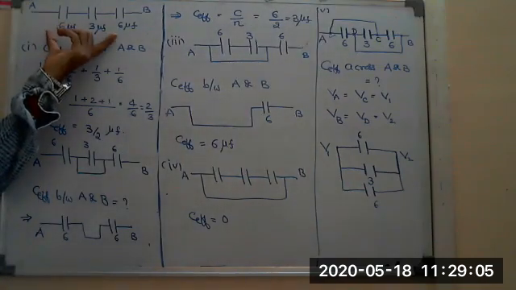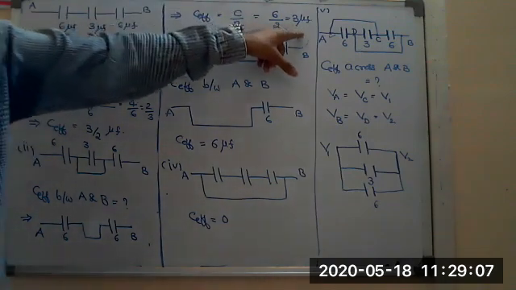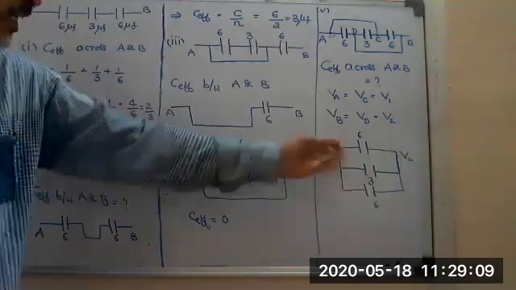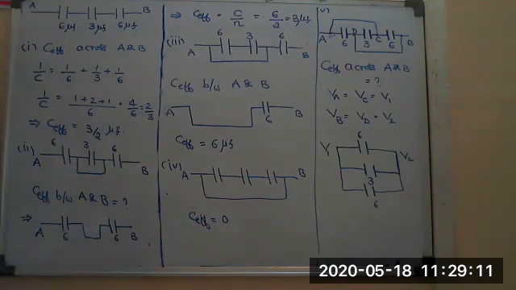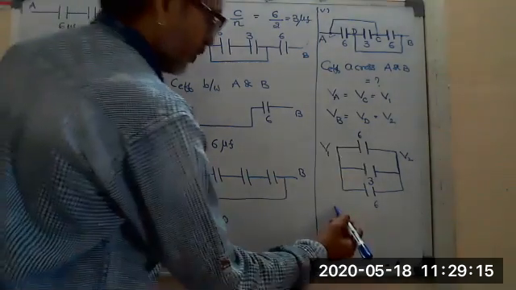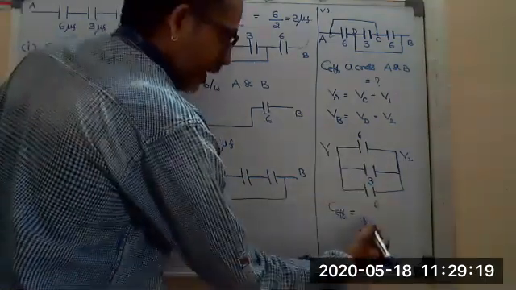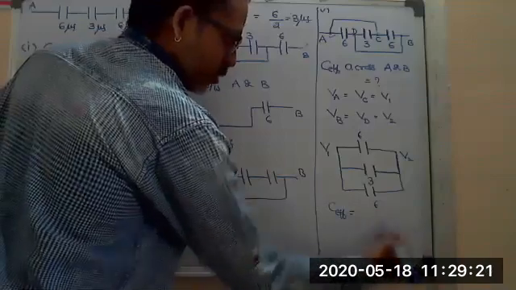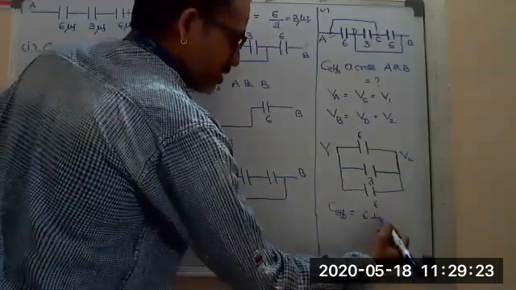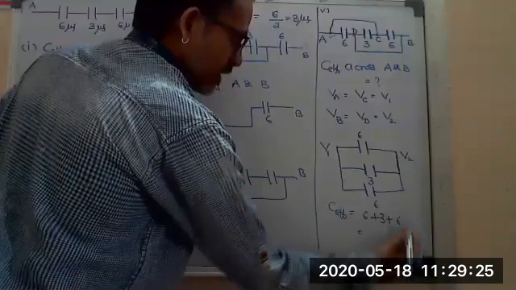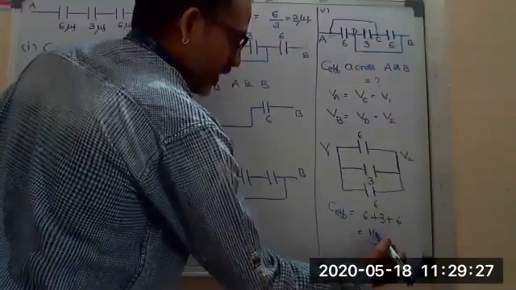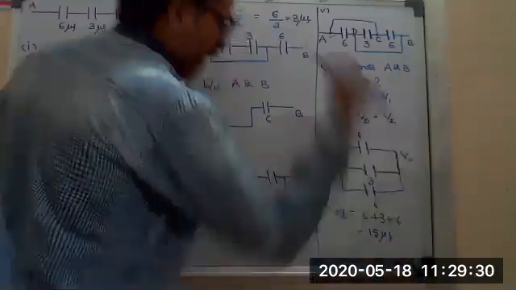It appeared like a series, but after short circuiting like this, all the 3 are actually in parallel. So effective capacity C effective is in parallel, not 1 by C1 plus 1 by C2 plus 1 by C3. That is 6 plus 3 plus 6, which is equal to how much, Nana? 12 plus 3, 15 microfarad.